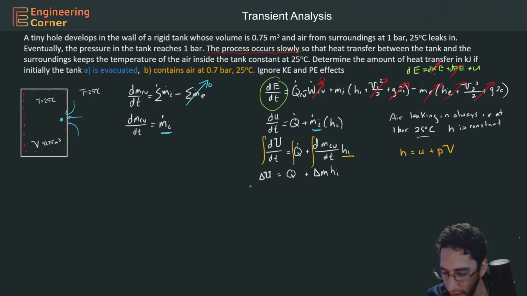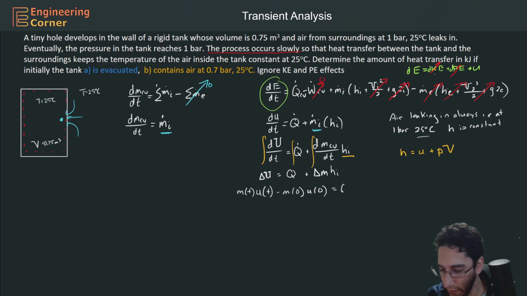Our change in internal energy is going to be some mass at time t times my internal energy, this is lowercase u, at time t, right? My mass is going to be changing and my internal energy is going to be changing. Then we'll subtract out my mass at time 0, the initial mass, times my internal energy at time 0.